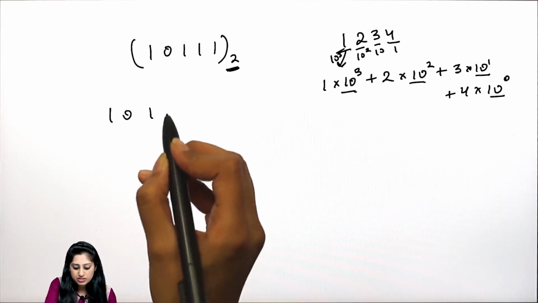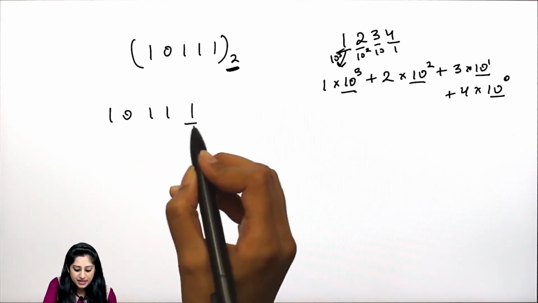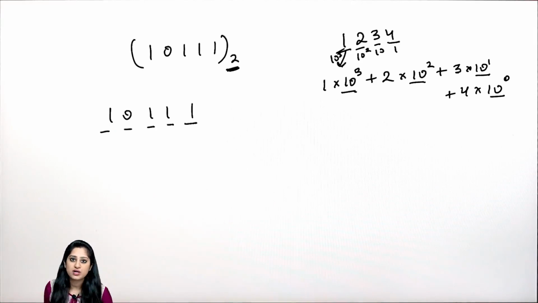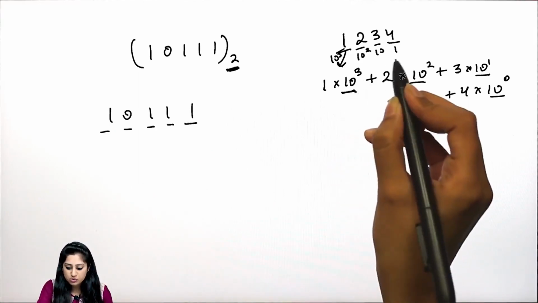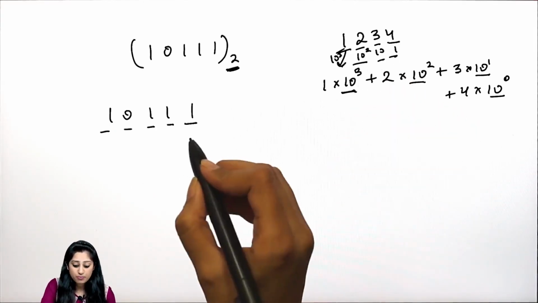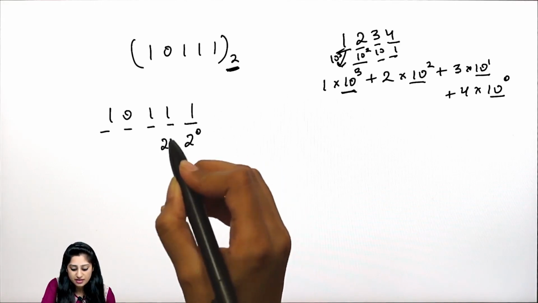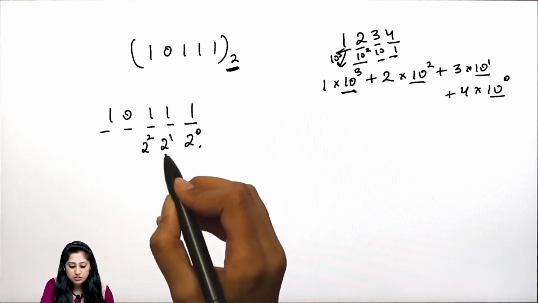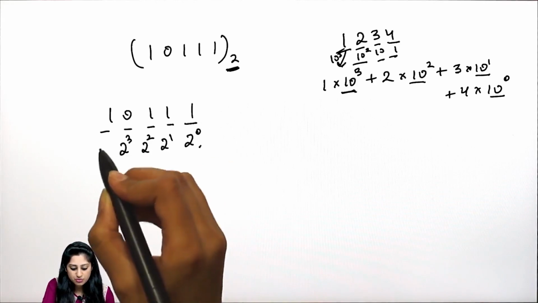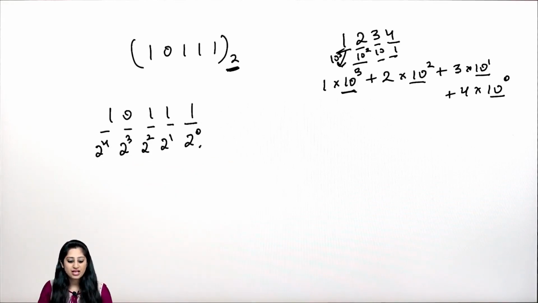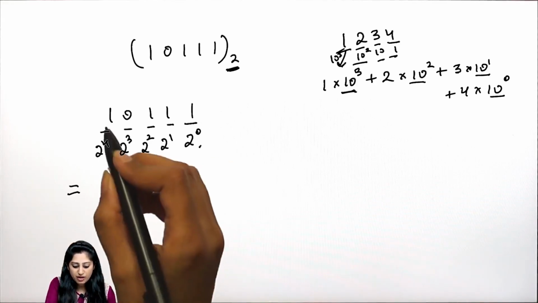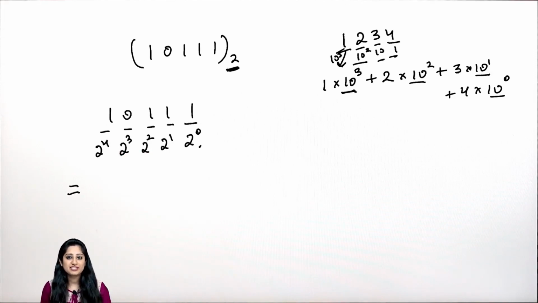So talking about 1011, every bit that you see here has a place value. Here the base was 10, so place value was in terms of 10. Now base is 2, so place value will be in terms of 2: 2 to the power 0, 2 to the power 1, 2 to the power 2, 2 to the power 3, 2 to the power 4. To convert it to decimal, all you have to do is multiply the relevant digit by its place value.